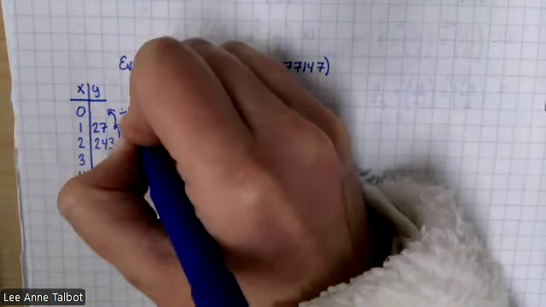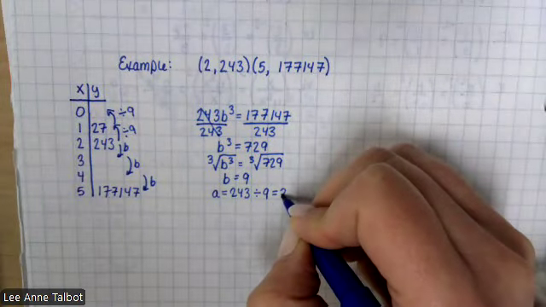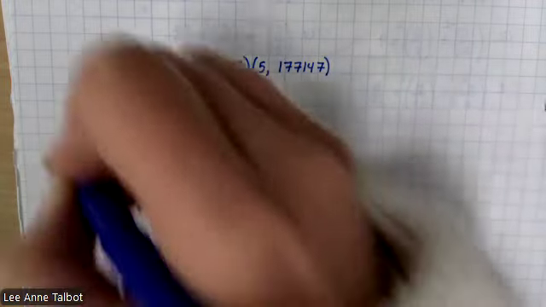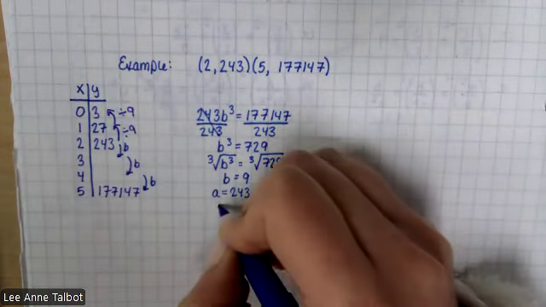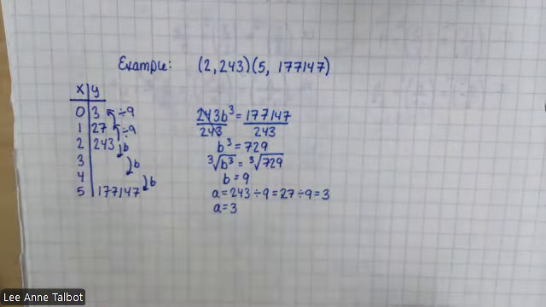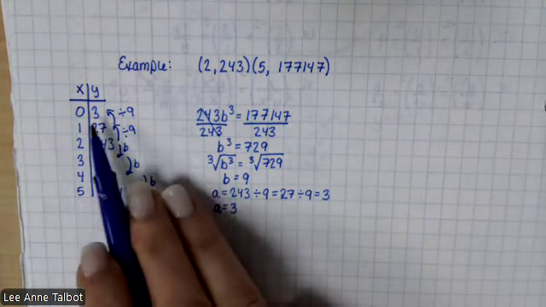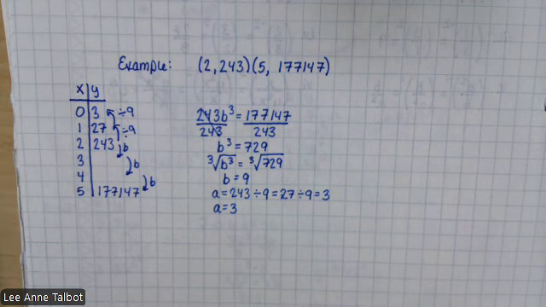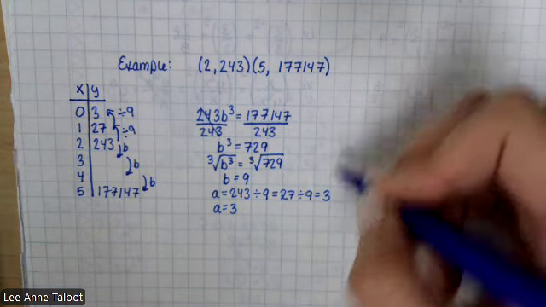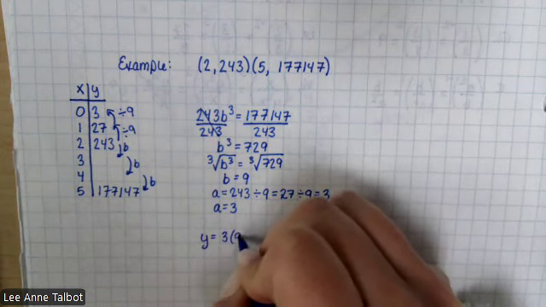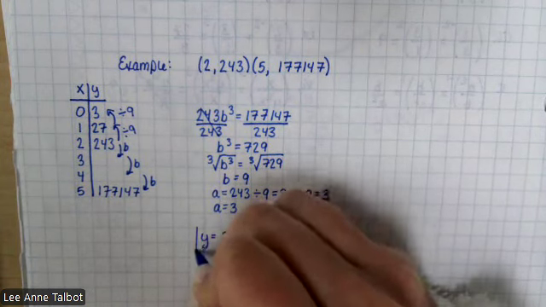And then divide by 9 again. So that means A is 3. We need to know that we multiply to go down the table and we divide to go back up the table. So our equation is y equals 3 times 9 to the x.